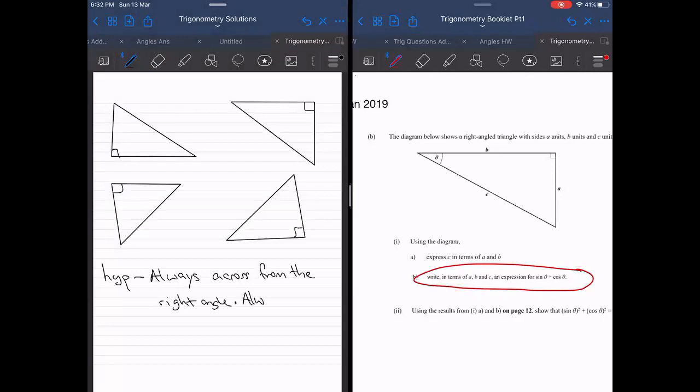And you always label it first. That way you don't mess up the other two. So you want to label the hypotenuse first at all times. It doesn't matter how the triangle is flipped, we label the hypotenuse as being across from the right angle each time.